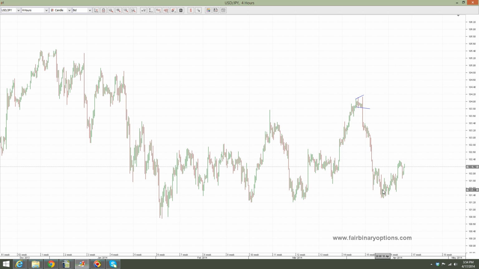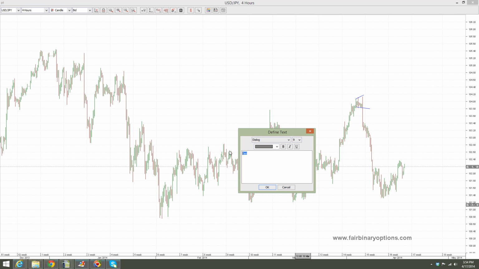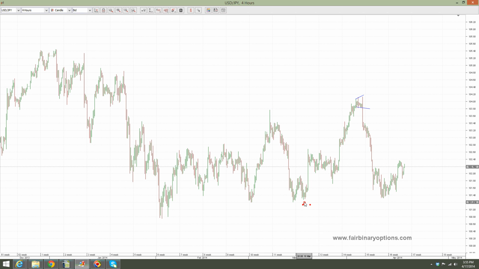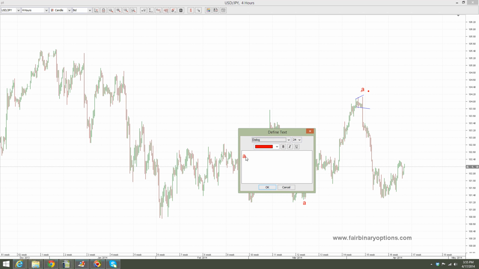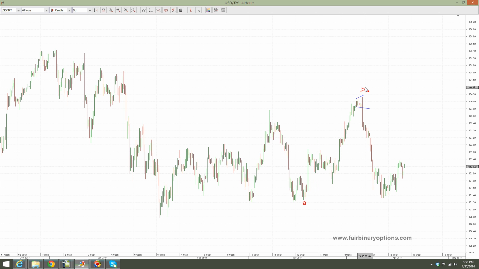So I would say that it is very much possible that our move here is to be labeled like wave A to the downside here, then a B wave here that ends with that triangle, of course, and the C wave then to the downside, either done here or here.